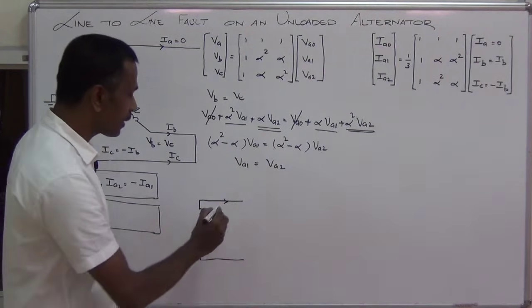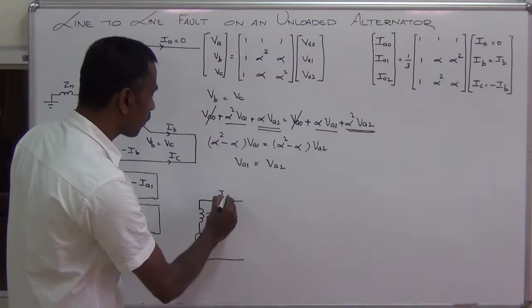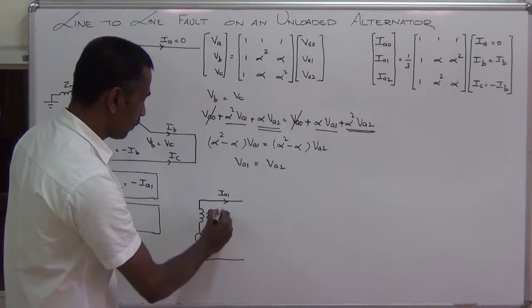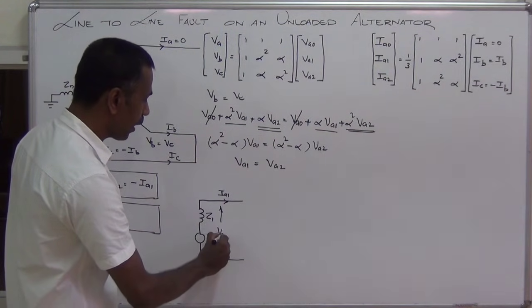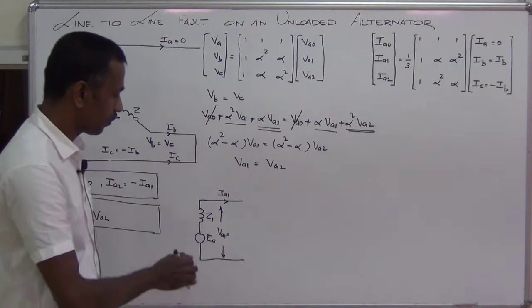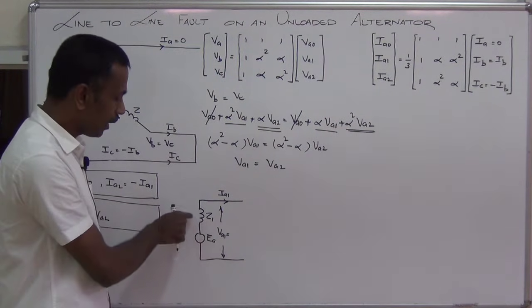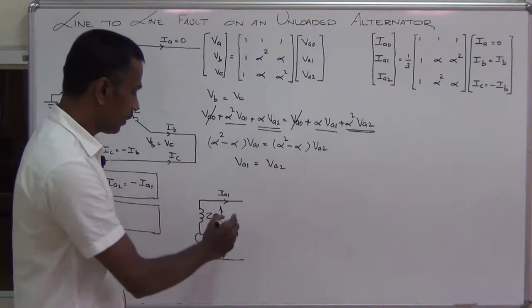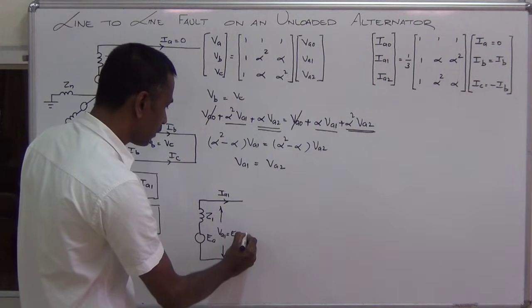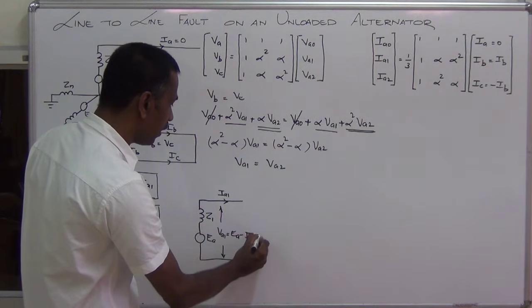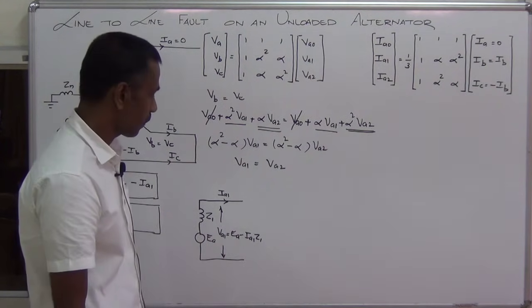Positive sequence current is IA1. This positive sequence voltage VA1 equals EA minus the drop in this impedance. EA minus the drop is IA1 Z1.